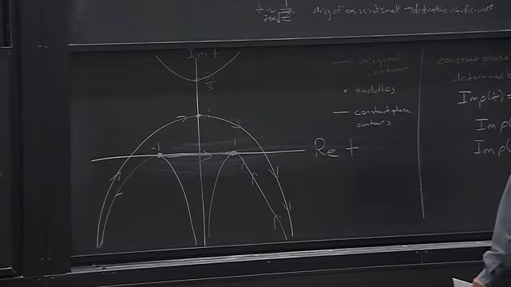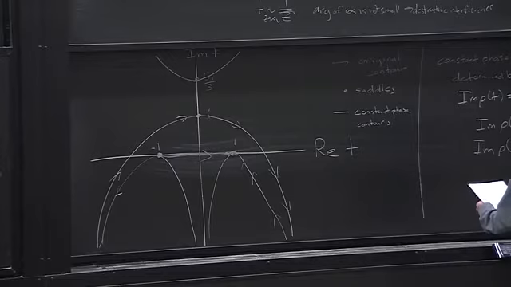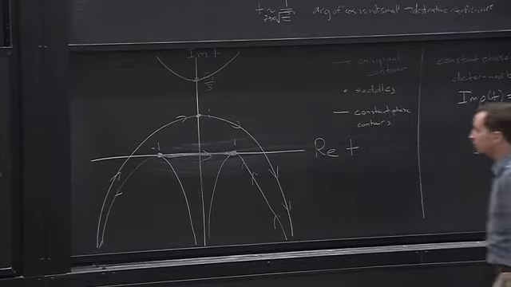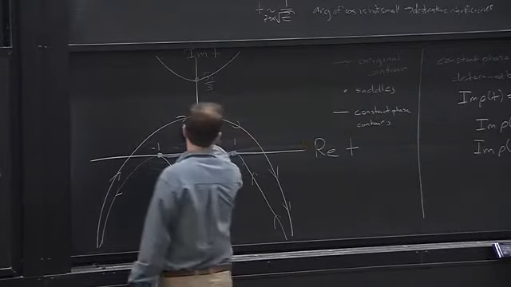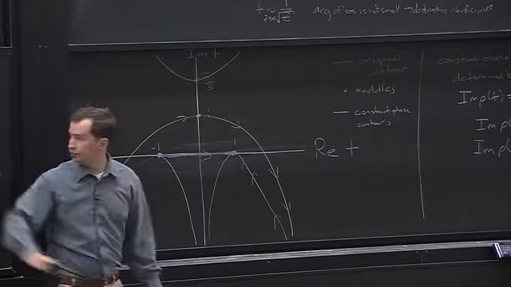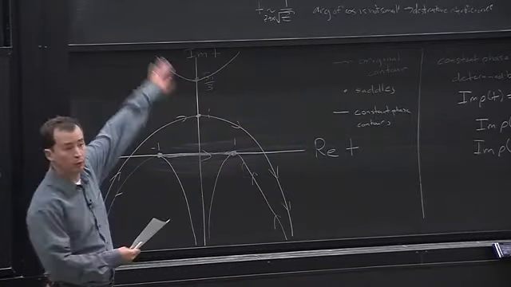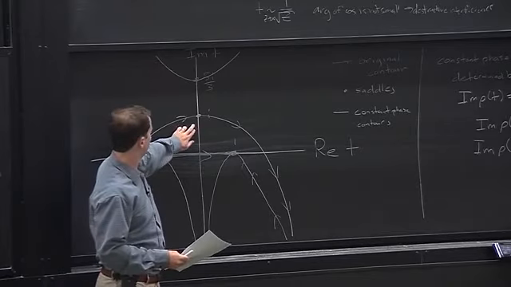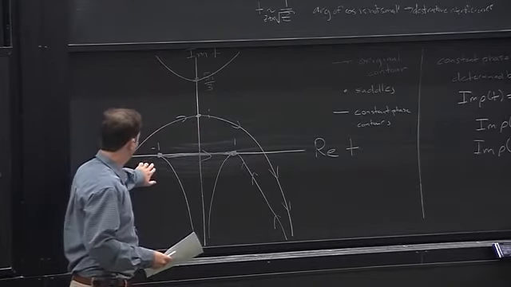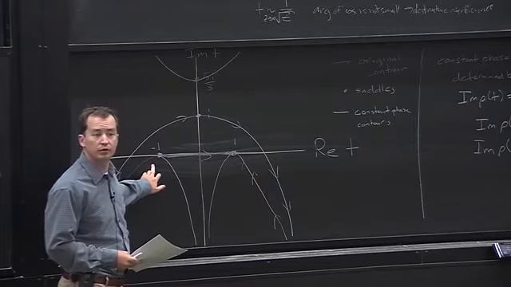So that's our contour. We can use our formula on the top board to get the contribution from the saddle point. This contour also has endpoints.